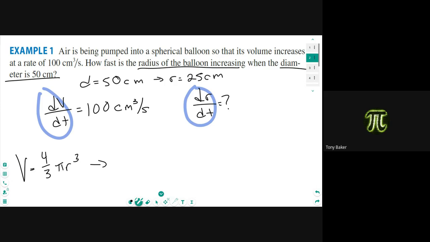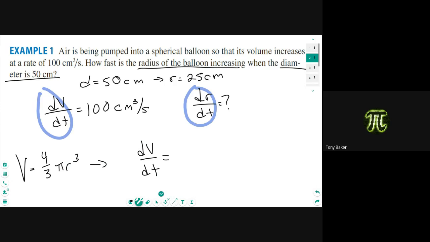Remember, we're differentiating based on t, not v or r. So the bottom is going to be t. If we're differentiating y in terms of x, remember I have to do the y prime, or the dy dx. So the same thing I got to do here. So I have dv over dt equals.